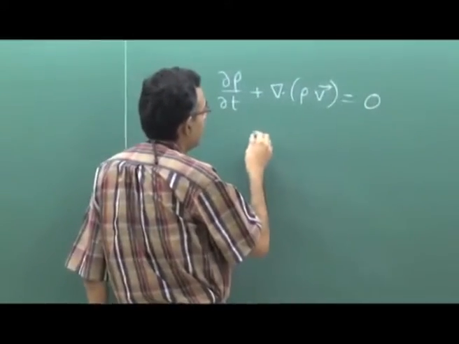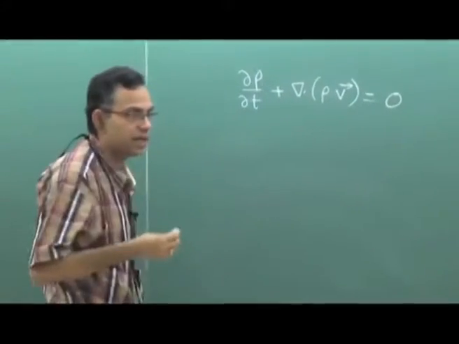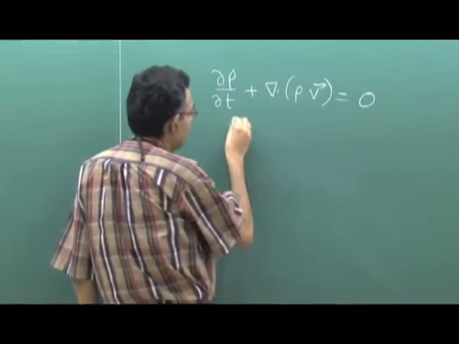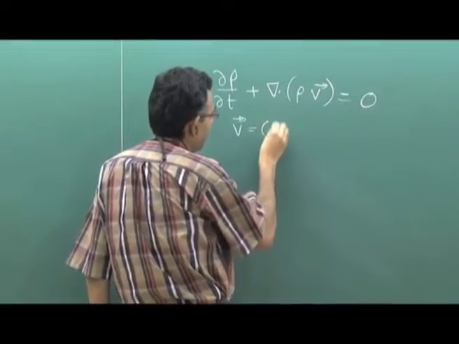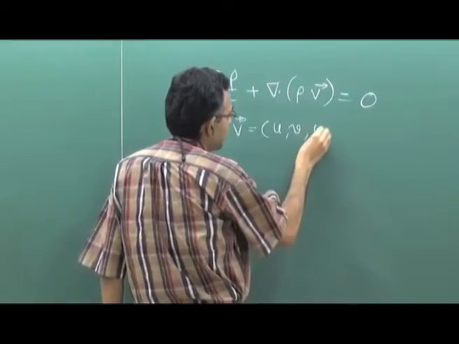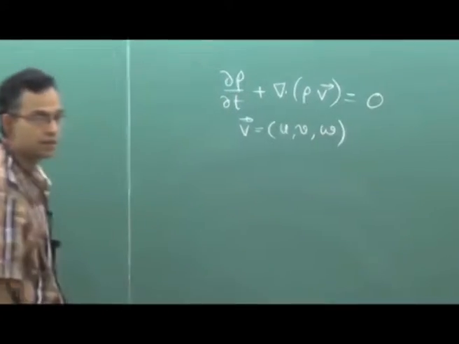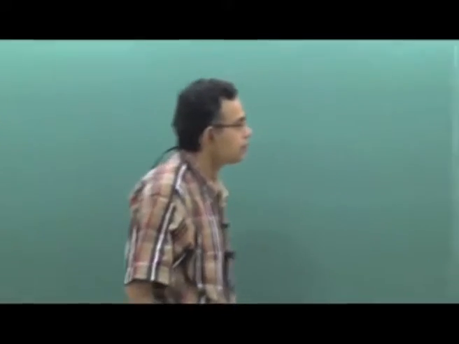Let us say that you are considering a Cartesian system where the velocity vector will have three components, u, v and w, u along x, v along y and w along z.